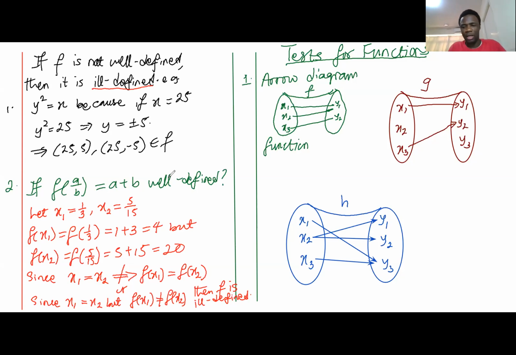So this is how your arrow diagram can help you. H is not a function, or should I say relation H, because it's a relation by default, right? It's a relation. Okay. Relation H is not a function.